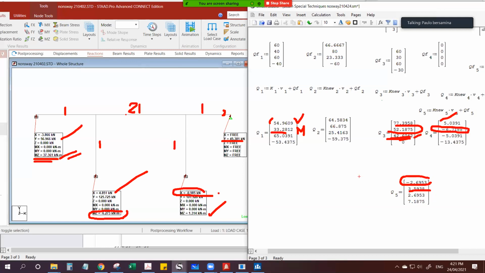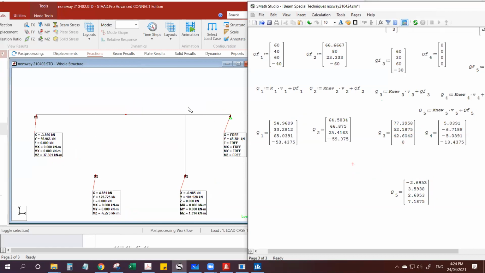But at least the signs are consistent. This is positive, this is negative. I have here positive, I have here negative. Negative moment, positive moment. I get here negative, positive. Okay, that's it.